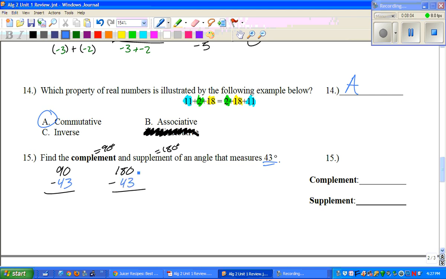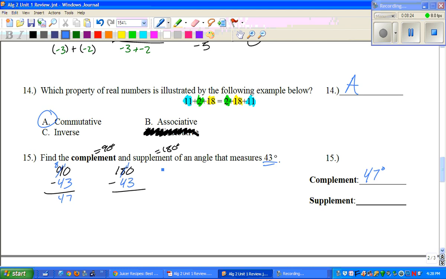And then you'll get your answer. Remember, you can't take 3 from nothing. You have to borrow. And 10 minus 3 is 7. The 9 turns into an 8. 8 minus 4 is 4. So the complement is 47 degrees.